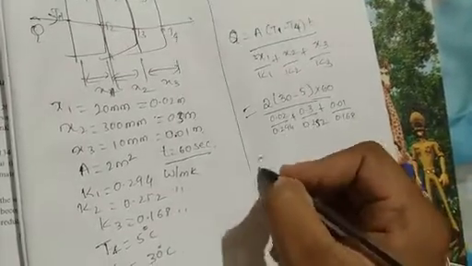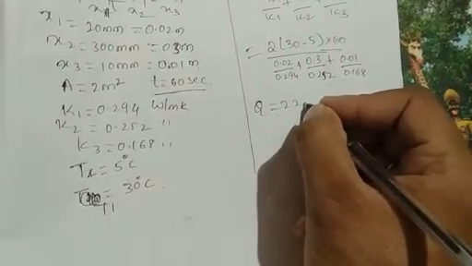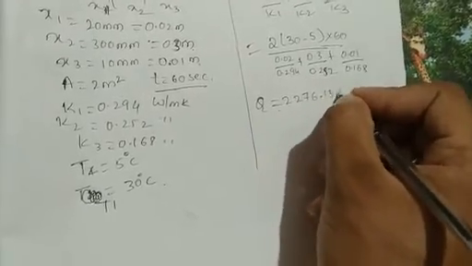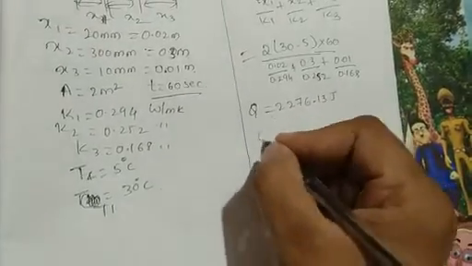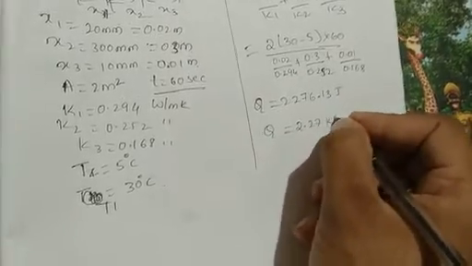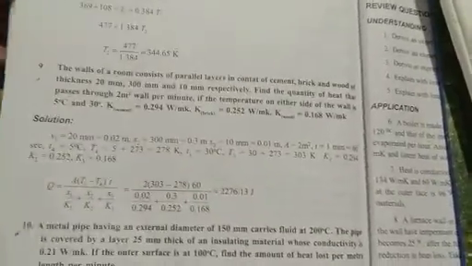After solving this, the Q value becomes 2276.13 joules. If you want to convert it into kilojoules, it is 2.27 kilojoules. This is a simple problem which I am solving. They will ask these kinds of problems directly in your examination.